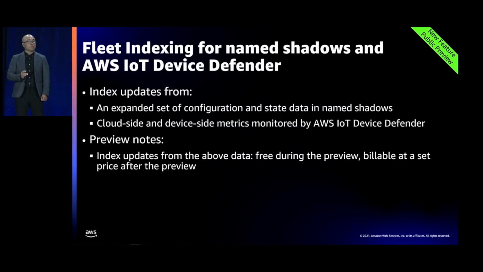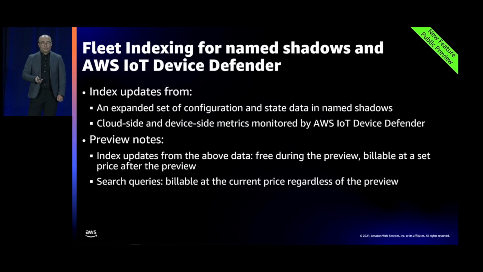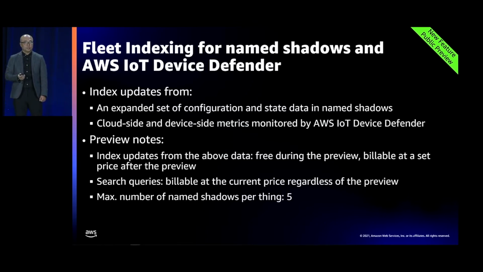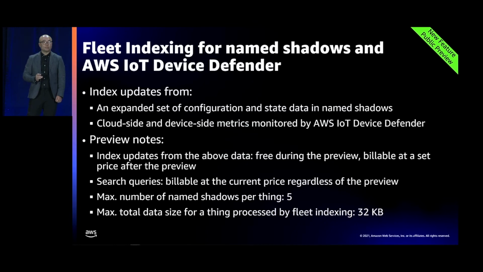Index updates from those data sources are free during the preview, but will be charged at a set price after the preview. And then search queries are billable regardless of the data sources at the current fleet indexing and search price, regardless of the preview period. Also, the maximum number of named shadows per thing is 5, and the maximum total data size for a thing processed by fleet indexing is 32 kilobytes.